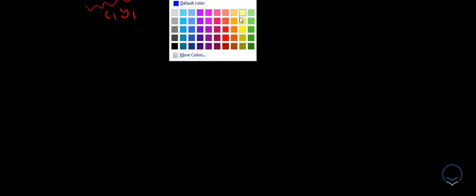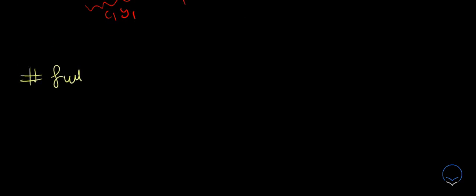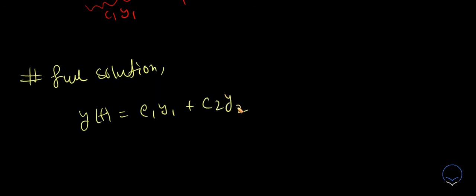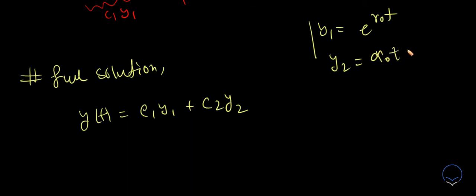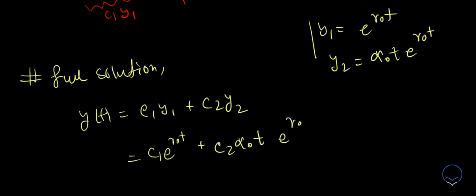So finally we can write down the full solution. y of t equals c1 y1 plus c2 y2, where y1 had the form e to the power r0t, and y2 was alpha 0 t e to the power r0t. So it is c1 e to the power r0t plus c2 alpha 0 t e to the power r0t.